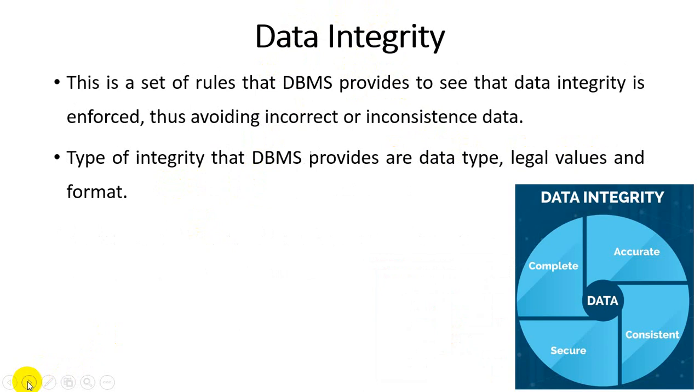The last key point of a DBMS is data integrity. What is the requirement of data integrity? If we build an application where multiple users access our platform, many users can provide fake information. At that time, we want the information we take to be not fake and not in a different format.